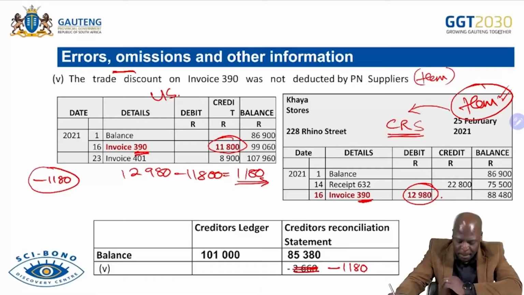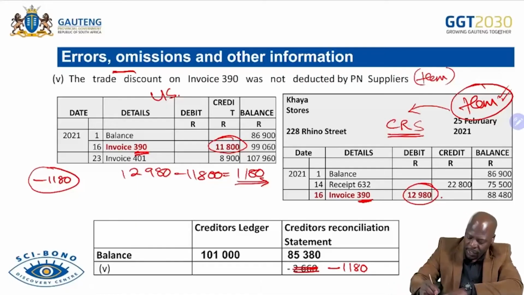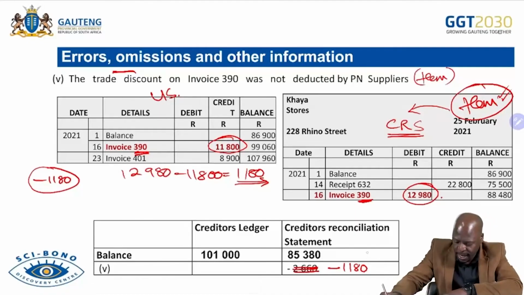Okay, so remember that it is a trade discount on invoice 390 that was not deducted by them, and then that amount should be deducted. If they are the ones who did not do it, it comes to the creditors reconciliation, and the sign should be a minus because it is a discount, 1,180.